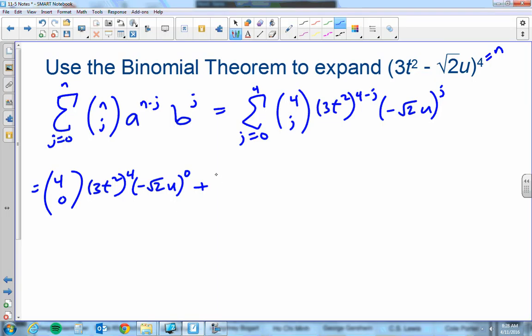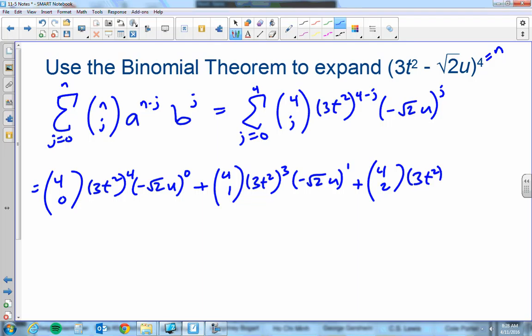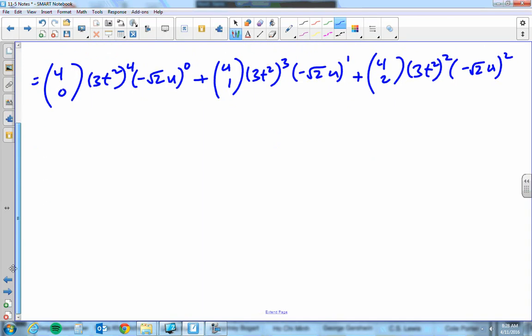Plus. And keep going. Now j is 1. So 4 minus 1 is 3 for the first exponent, and then the second exponent is just 1. And 4 minus 2 is 2 for the first exponent, and the second exponent is 2. 2 more terms.